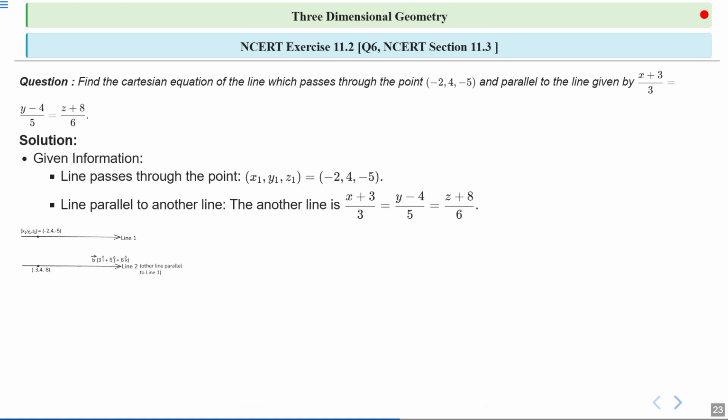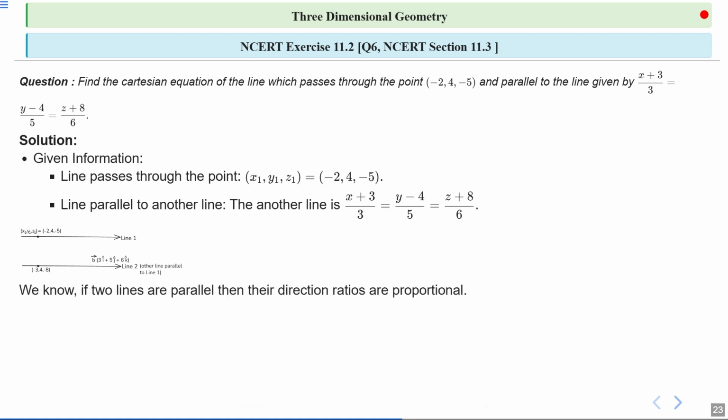Here is a visual representation to help us understand the problem. The diagram shows the given point and the direction of the parallel line. This will help us visualize how the two lines relate to each other in space.